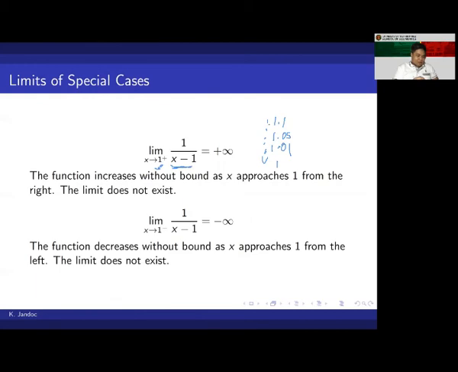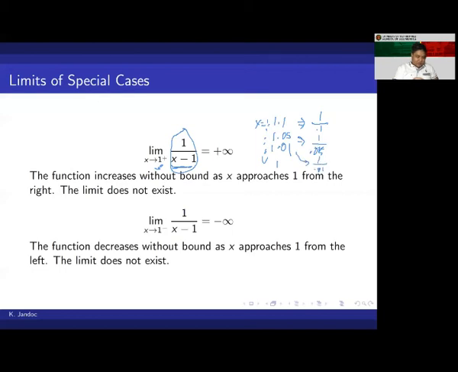For example, 1.1 minus 1 is 0.1, so the function is 1 divided by 0.1. If x is 1.05, then 1.05 minus 1 is 0.05, so 1 divided by 0.05. And then 1 divided by 0.01.